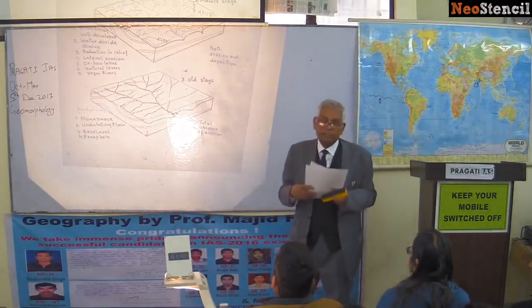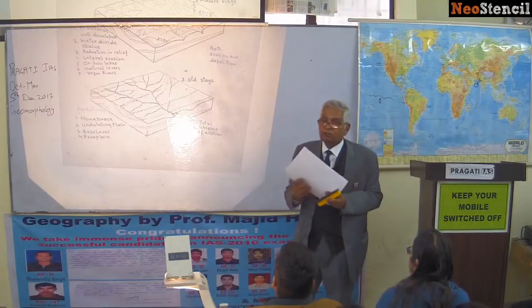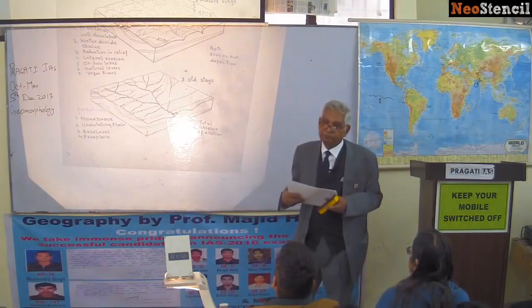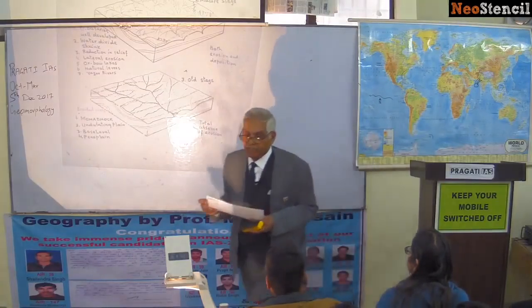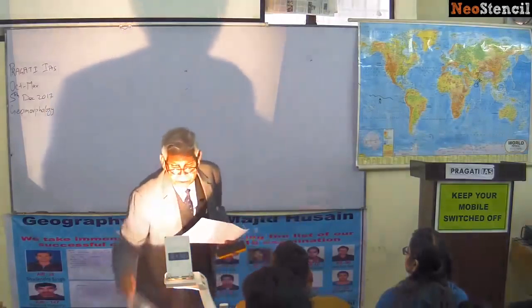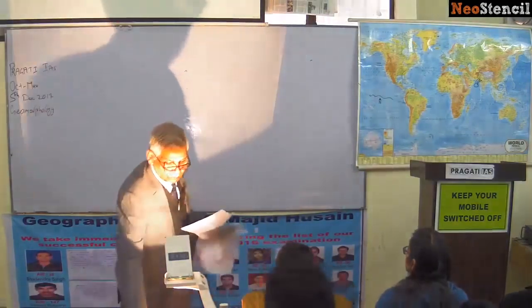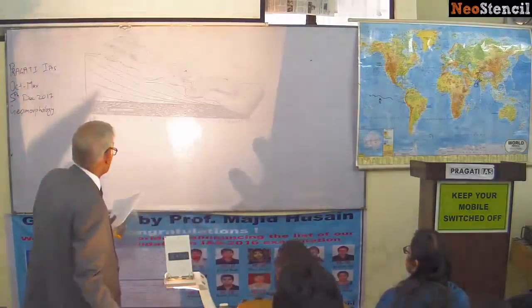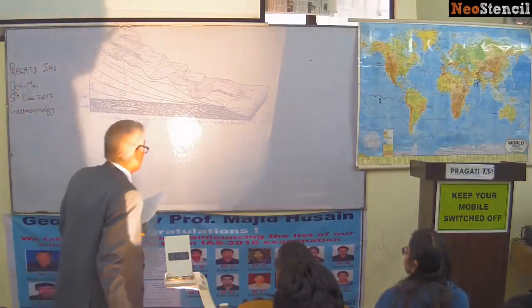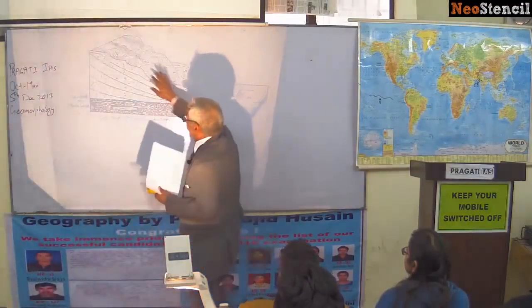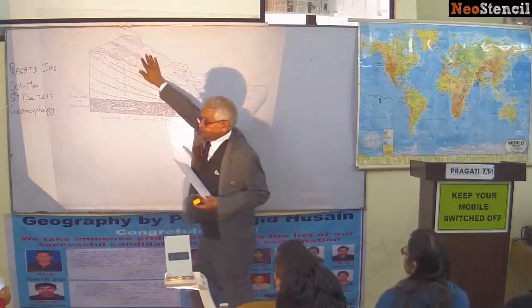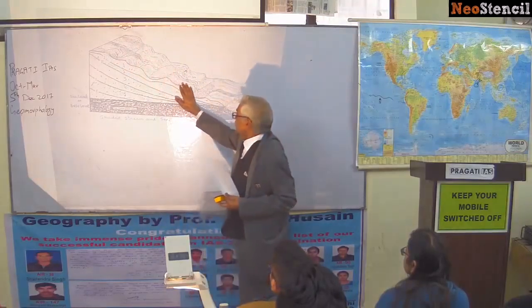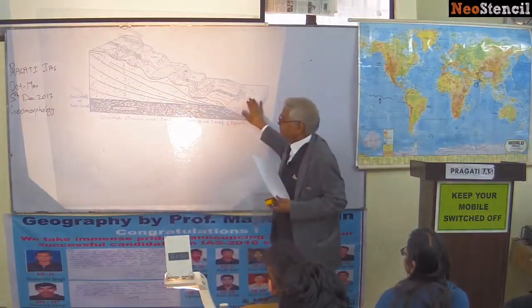Now this is actually a diagram showing what is a graded stream or what is base level. The concept developed by Powell in 1875. You see, this is a mountain, upheaval part. It is going towards the sea. Sea is here.